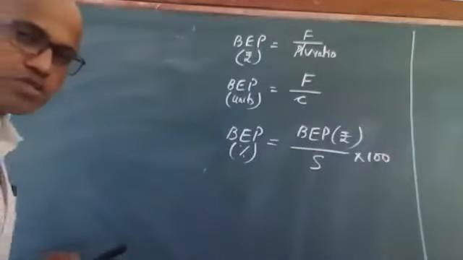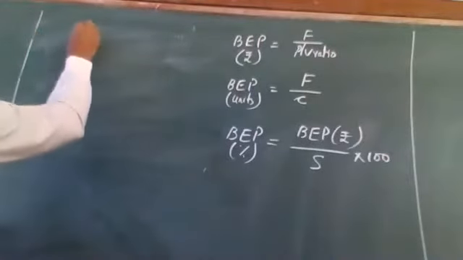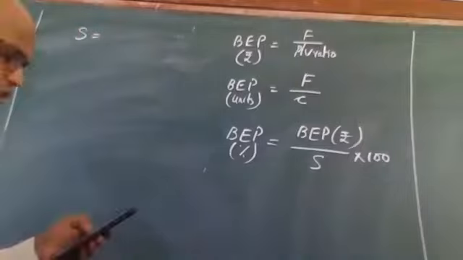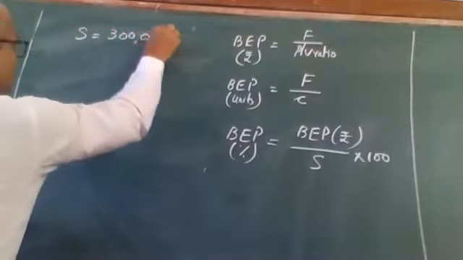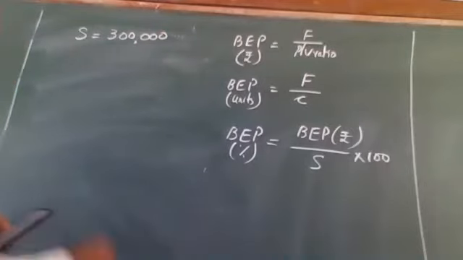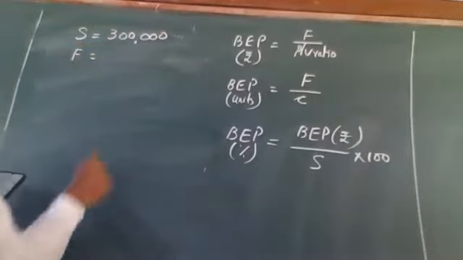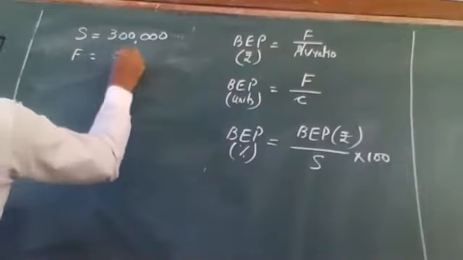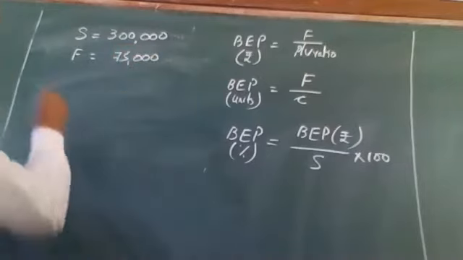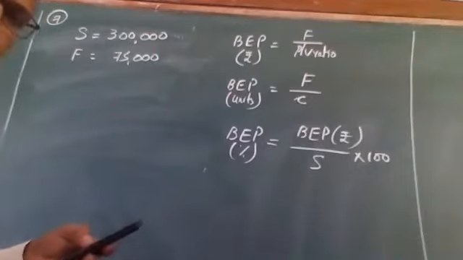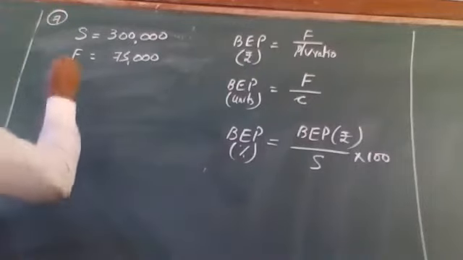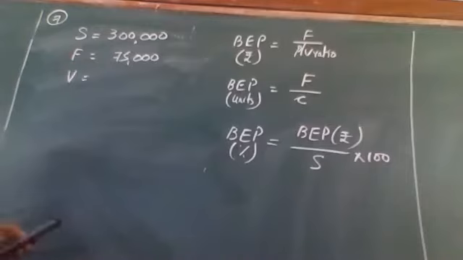So from the information given in the question, I am writing S is equal to 3 lakhs. Fixed cost, capital F, is given in the question as 75,000. This is 7th question according to your book. And direct material, direct labor, direct expenses, I am calling it as variable cost.